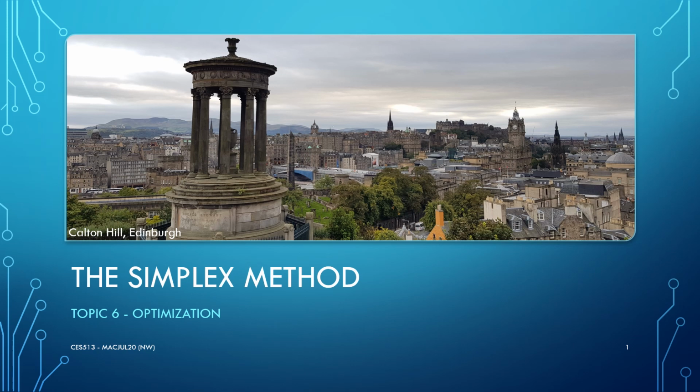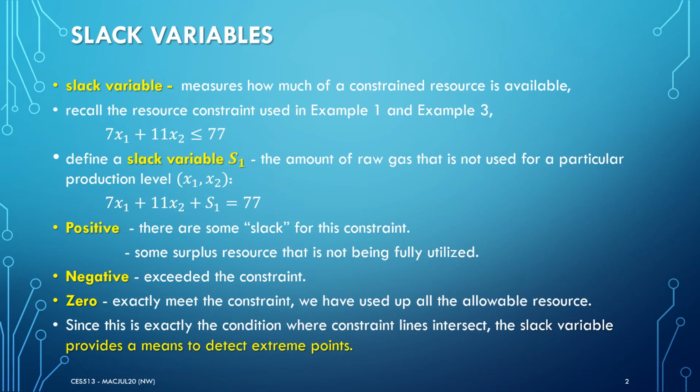Hello, hi again, everybody. So now we will continue our discussion in topic 6 with the second method in optimization, that is the simplex method. All right, the simplex method that we're discussing now is predicated on the assumption that the optimal solution will be at an extreme point.